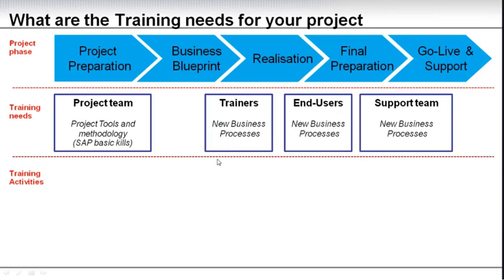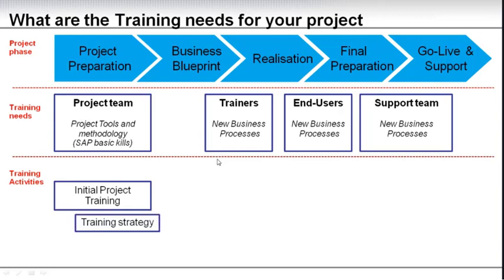At around go live, you will need to make sure you have a support team in place who also know the new business processes, and they might need to know them on a more technical level in order to support your new process design.